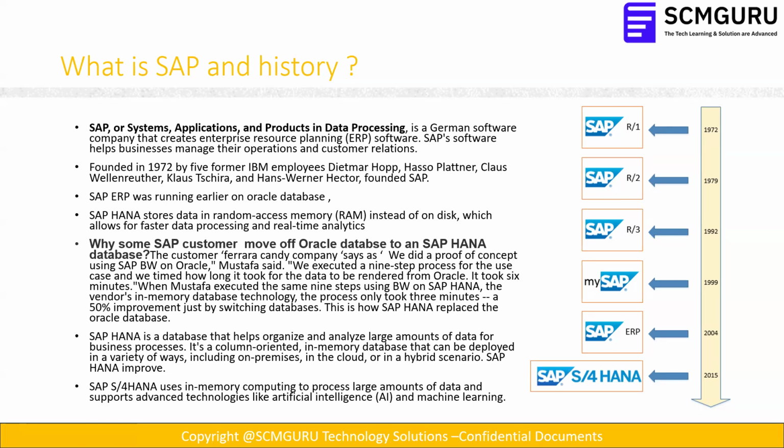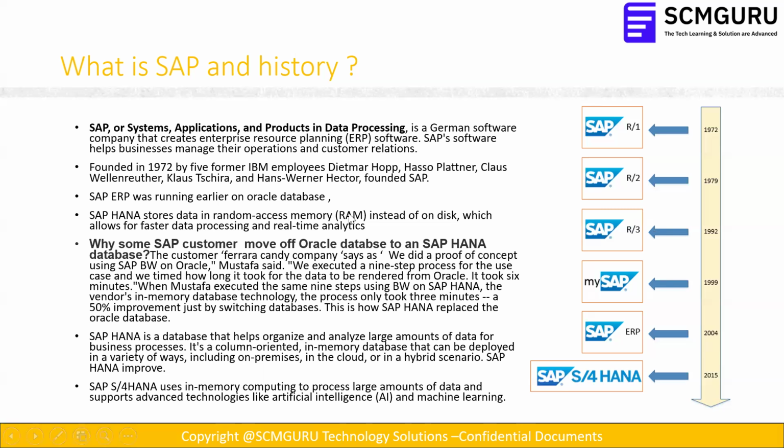Then they launched R/2, and in 1992 they came up with R/3, the three-tier architecture. Then mySAP and SAP ERP Central Component, launched in 2004. Now, in 2015, they came up with SAP S4 HANA.